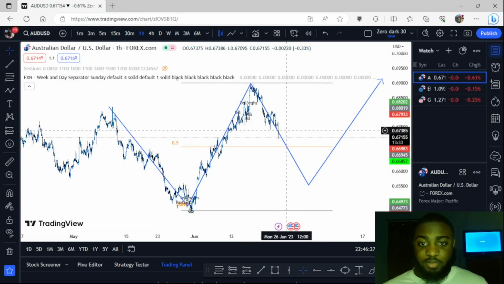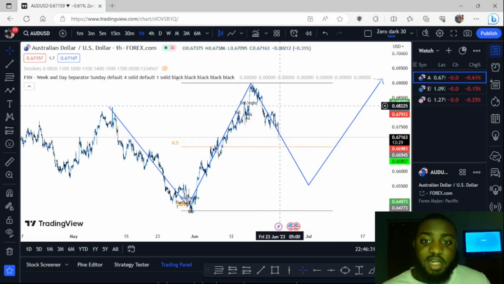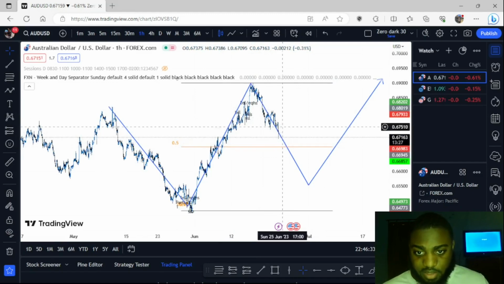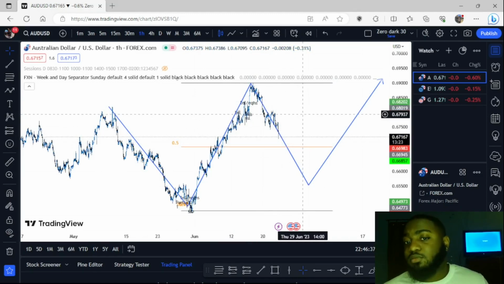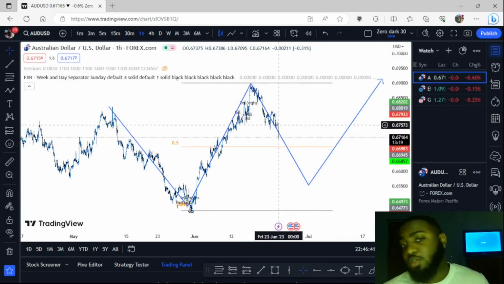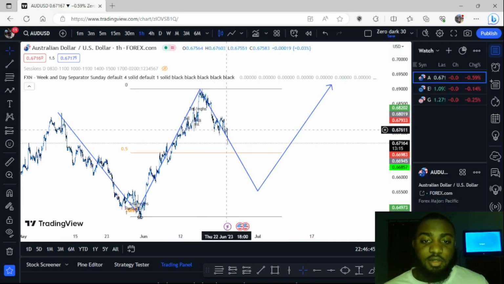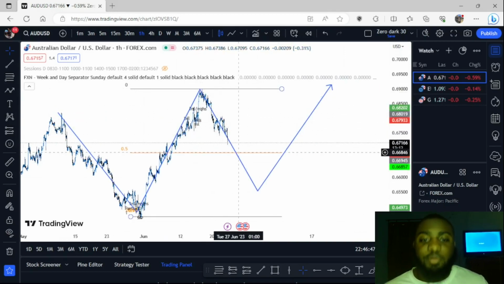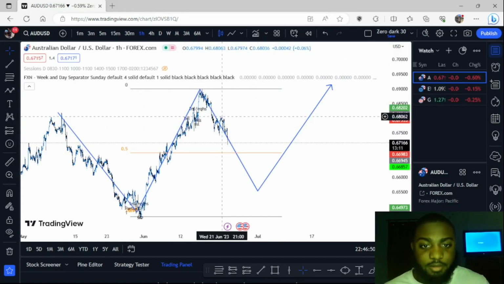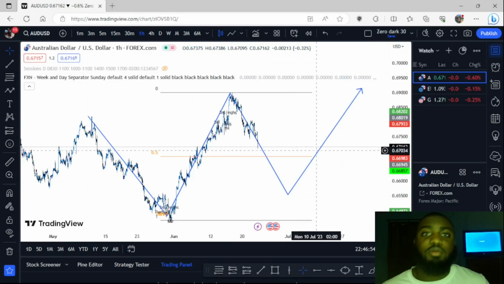Until we take out a previously protected high, we are not bullish. We are bearish until we take out a previously protected high. So if we were to come back up and take this high out, okay, cool. We might be bullish. We may just be bullish early because we didn't come all the way down. You never know, right? But until we take out a protected high, we are bearish, and that's kind of how you read liquidity.